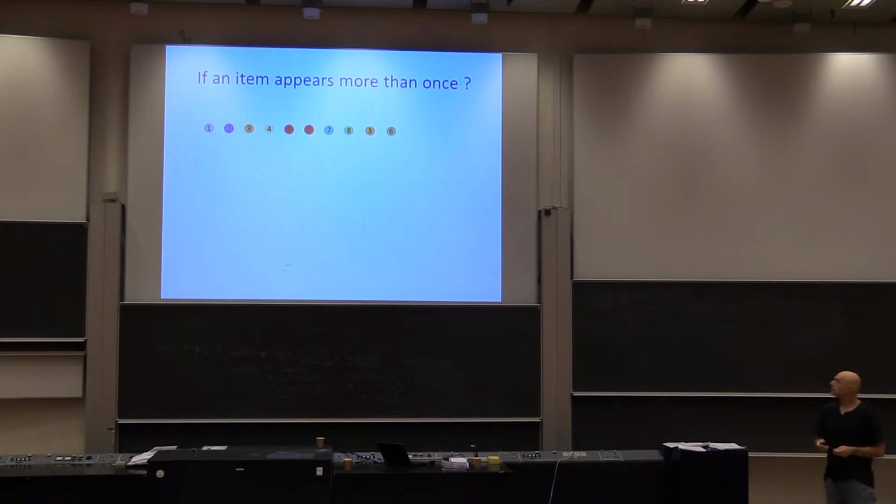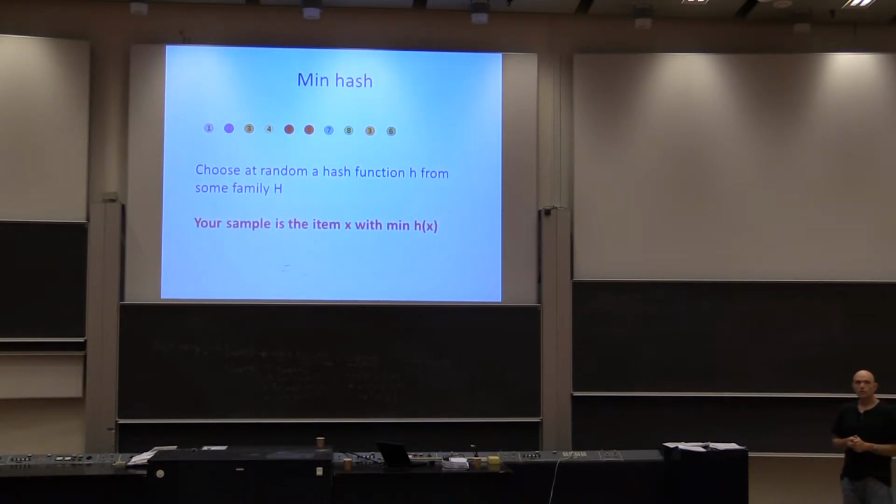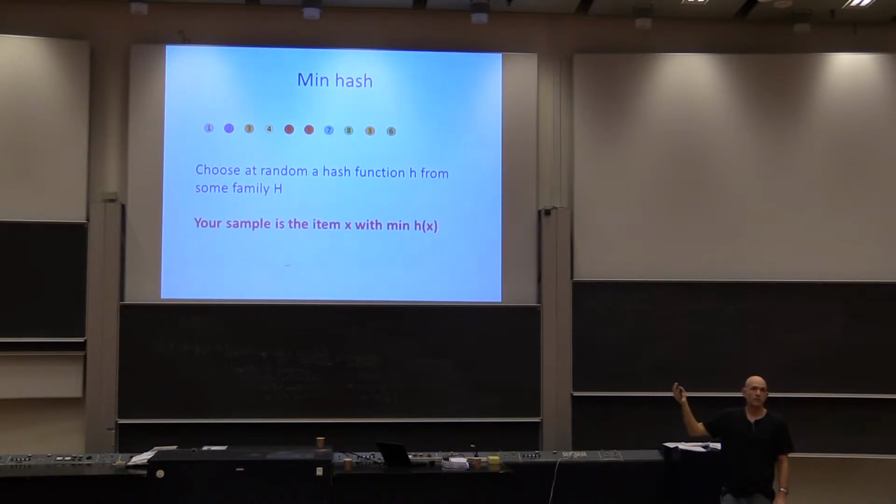One thing you can do is choose a hash function, say a truly random hash function, and for each item just apply the hash function and get the hash value. As I show you the items, you always maintain the one that has the smallest hash value. If it's a truly random hash function, it's easy to see that you would have a uniformly random item from the distinct items that we've seen so far.